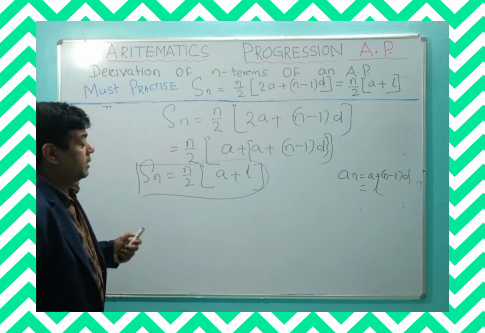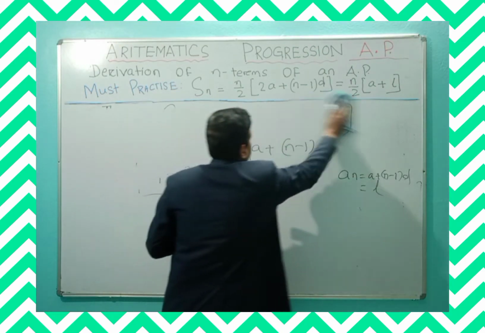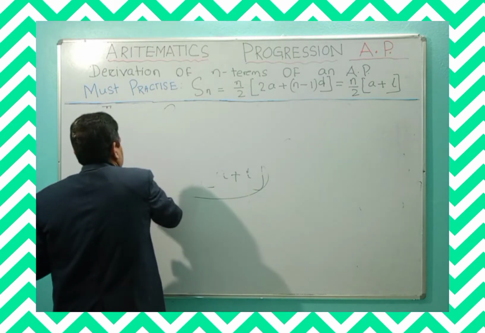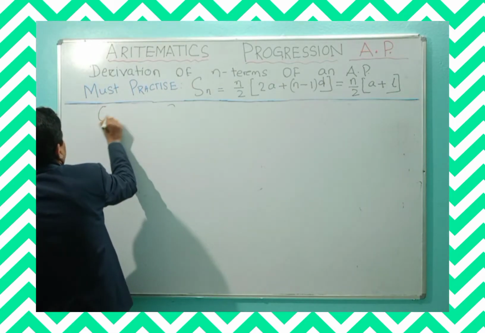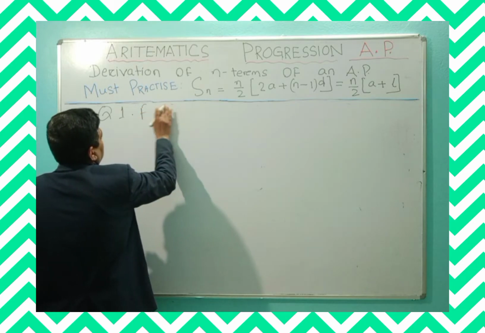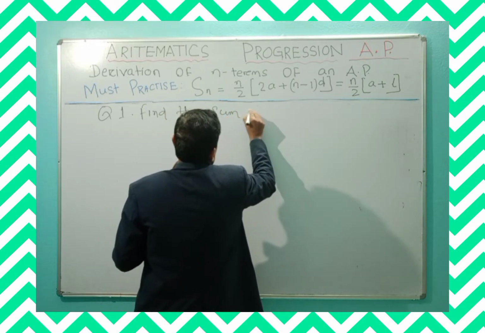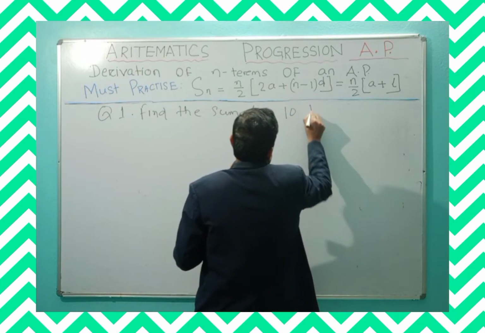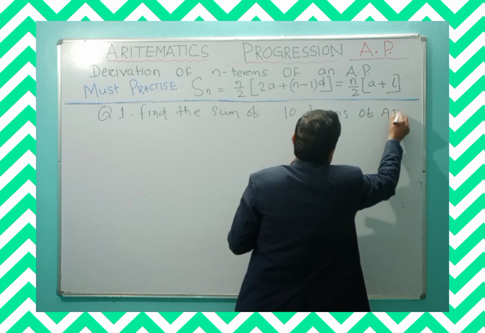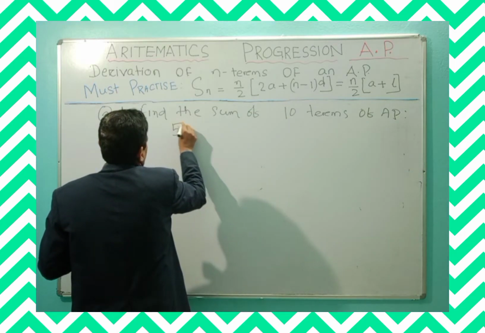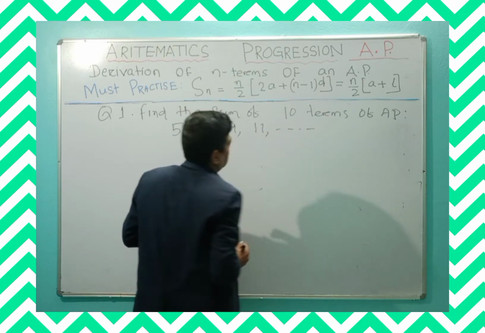Let us see one example, a very simple problem I am going to discuss, on how to find the sum of n terms of an AP. Let's see one problem. Find the sum of 10 terms of the AP 5, 7, 9, 11 and so on.